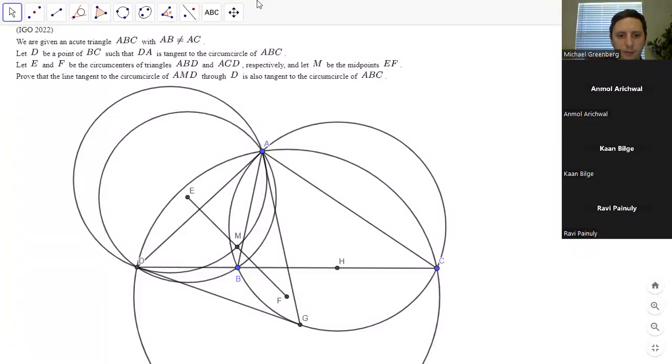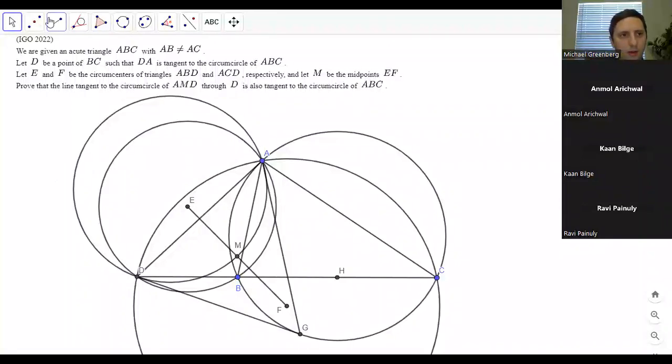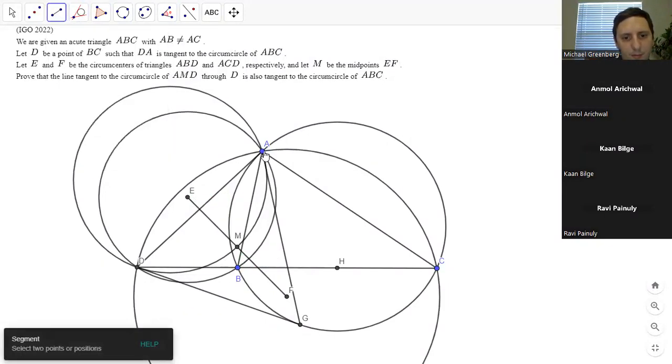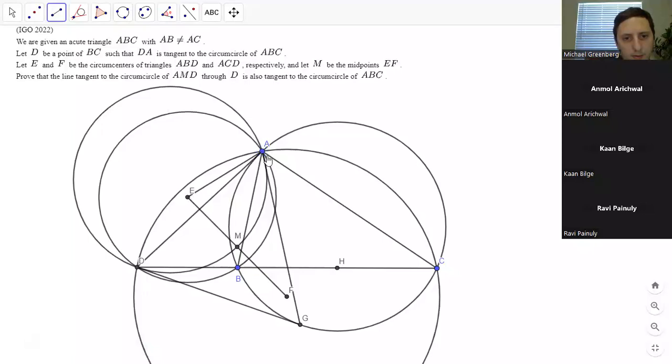Are AEF and ABC similar? That's interesting. Let's see. Yeah, it looks like they are. Good observation. So that means a spiral similarity takes one to the other.